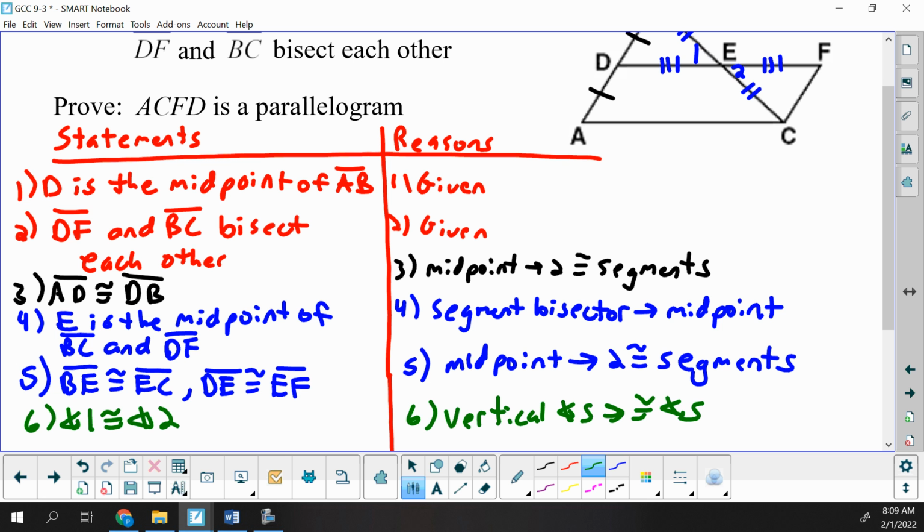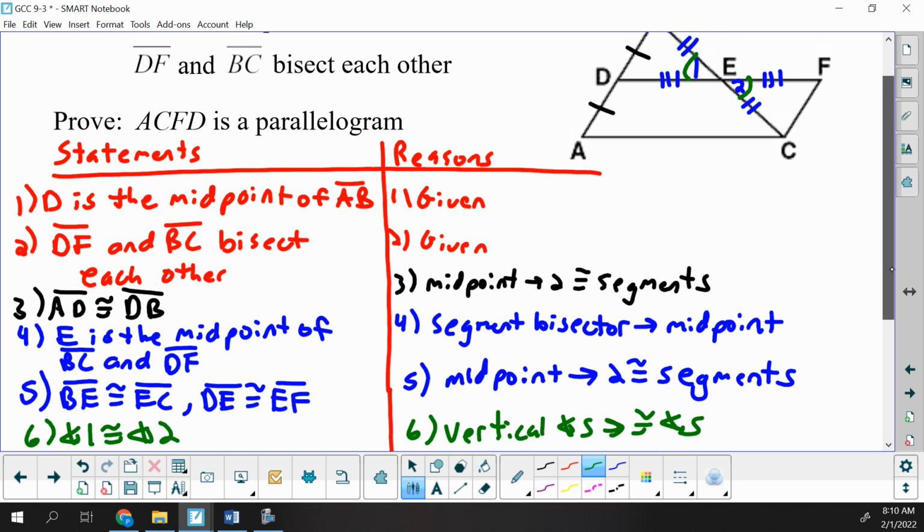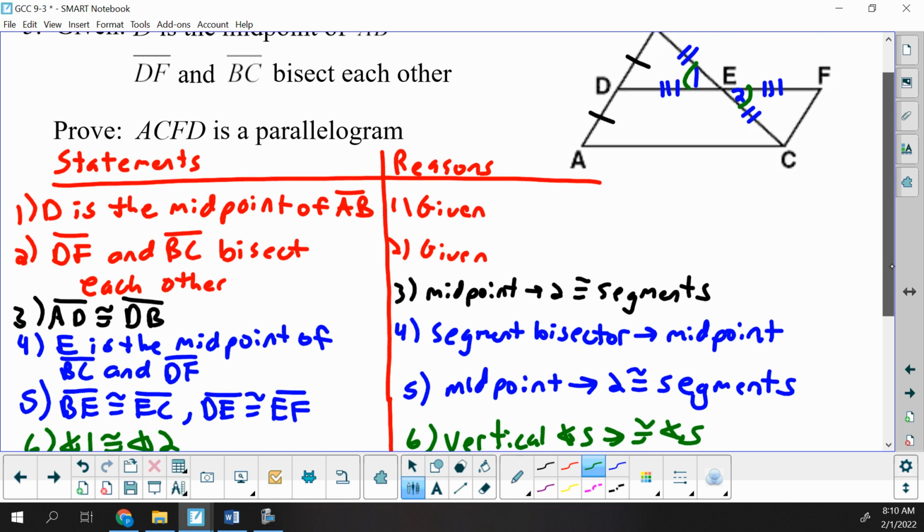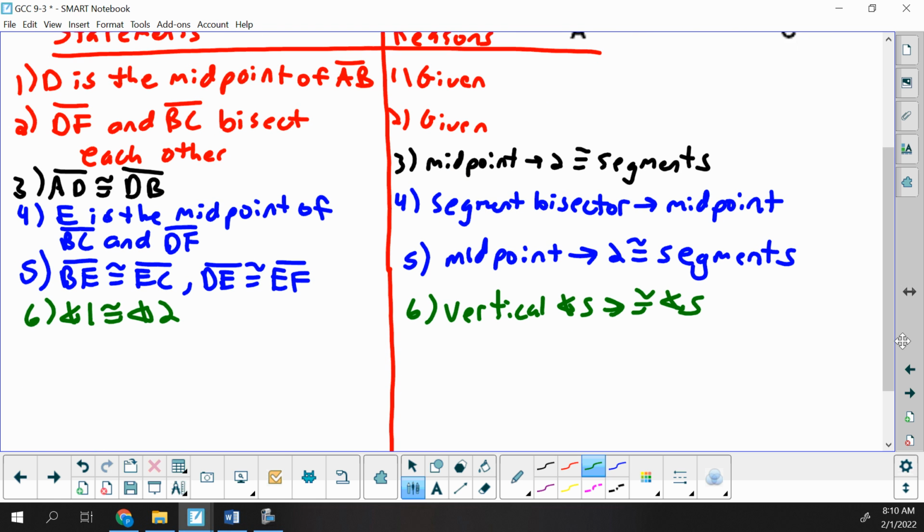And after you state it in your proof, we can go ahead and mark it up in our picture. Well, now we have enough to get those triangles congruent. We have the angle in between 2 sets of congruent sides, so that'll be side angle side.